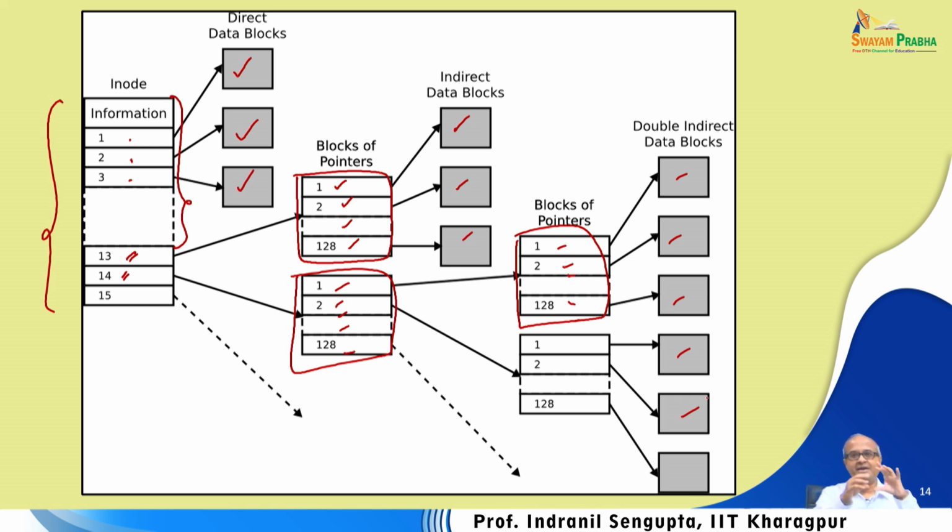Double indirect can hold information about k square disk blocks, because for every k there is another k, k plus k plus k plus k, it becomes k square. And triple indirect, there is another level of indirection, that becomes k cube. So, for smaller file sizes you may not need 13, 14, 15, but when files are larger you may have to use these multiple levels of indirect blocks. Okay.